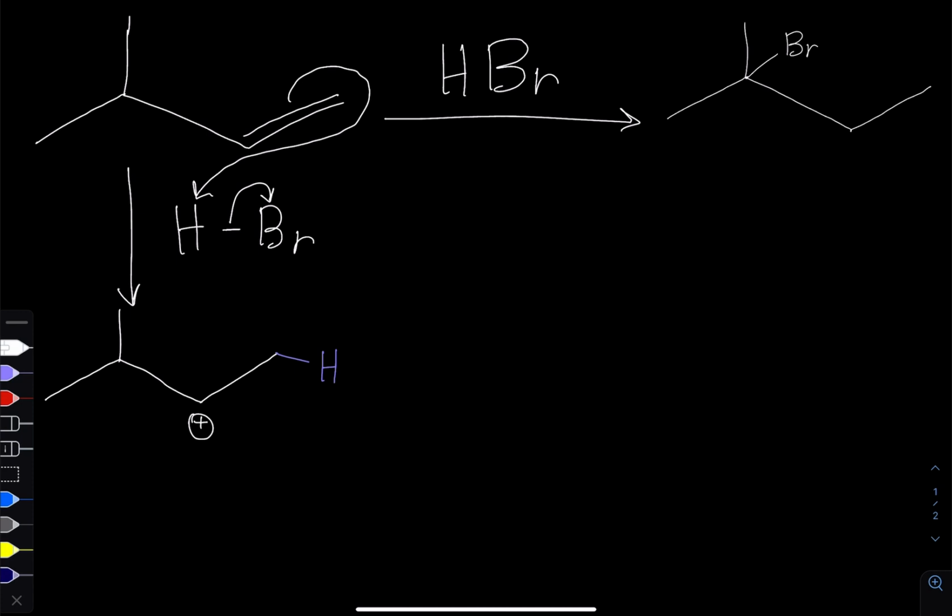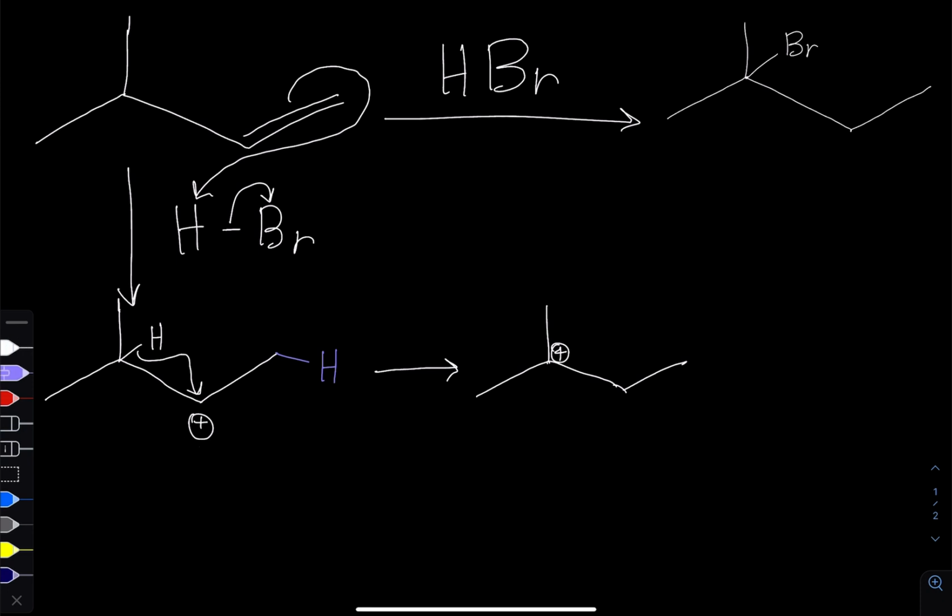But notice now that we can do what's called a carbocation rearrangement. We can take a hydrogen that's here, move it to this carbon, and now we have a more stable intermediary. We have a tertiary carbocation as opposed to a secondary.